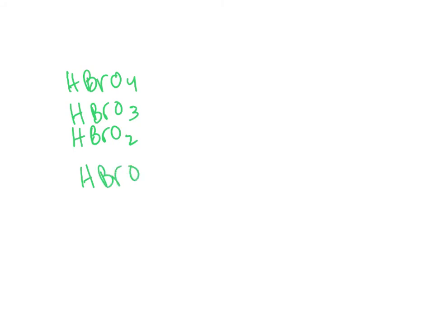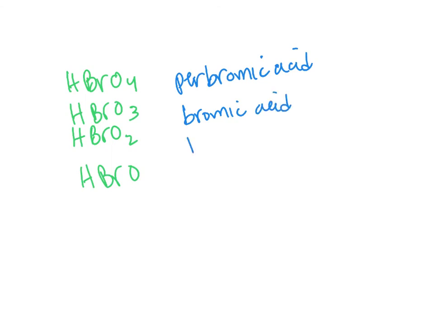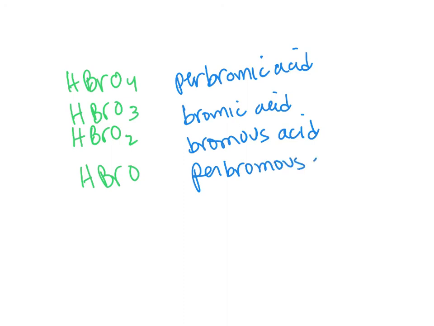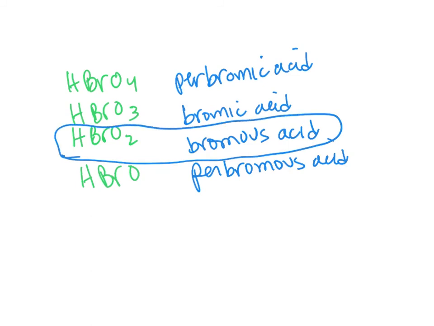So the examples that I showed you had chlorine instead of bromine, but otherwise it's the same naming. So the first one would be perbromic acid. Next one would be bromic acid. Next one is bromous acid, and then hypobromous acid. So this is the one you're looking for. The name of HBrO2 is bromous acid.